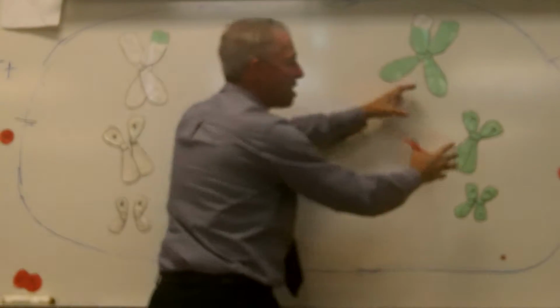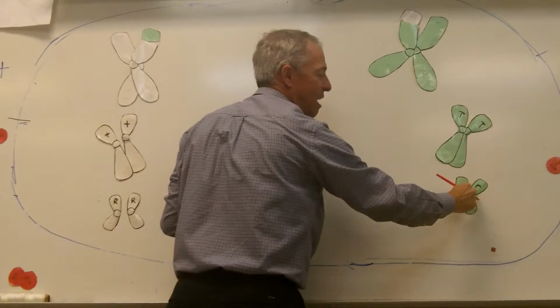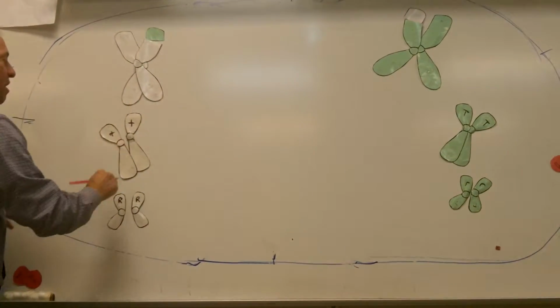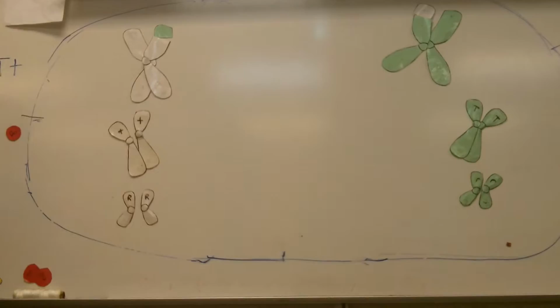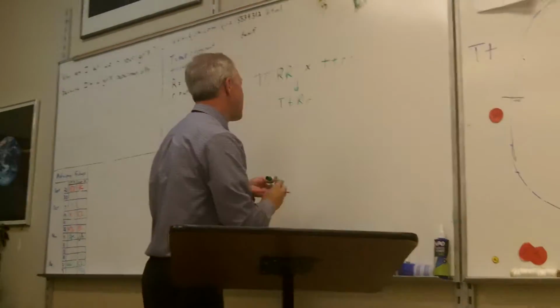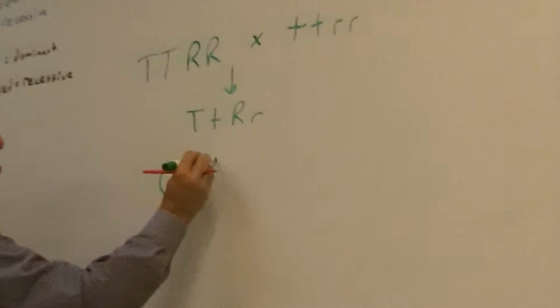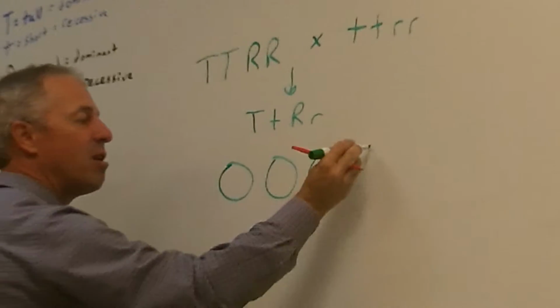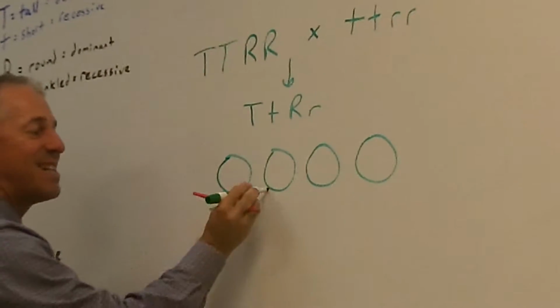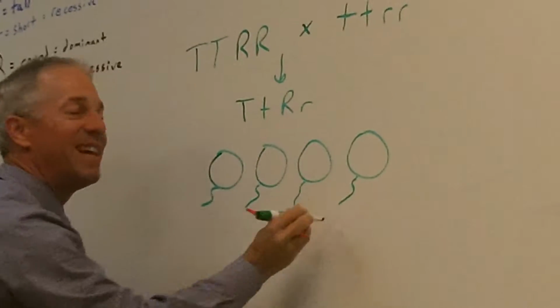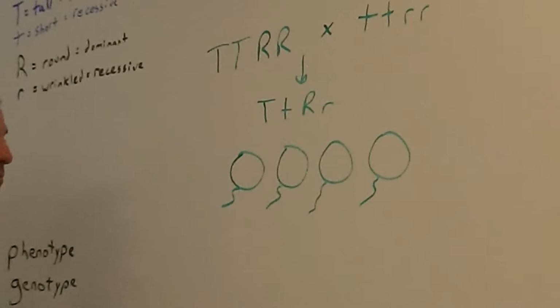And the sperms on this side are going to get a big T and a little r. And the sperms over here are going to get a little t and a big R. So that's two possible sperm cells that this organism can make. And I'm going to draw them in little circles here with little tails, because sperms have tails. They look like balloons, don't they?